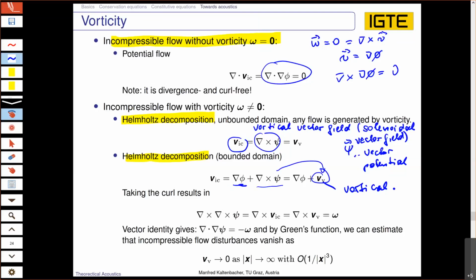equations. When you look here on this equation, and we take the curl on this equation, then we get here the curl of the incompressible flow velocity, which we have here, which is our vorticity. The curl of a gradient is 0. So what remains is the curl of this vector potential. And that is exactly what we have here.